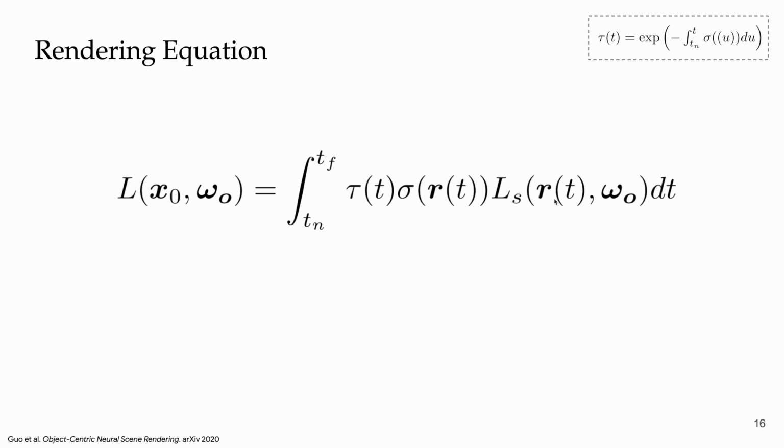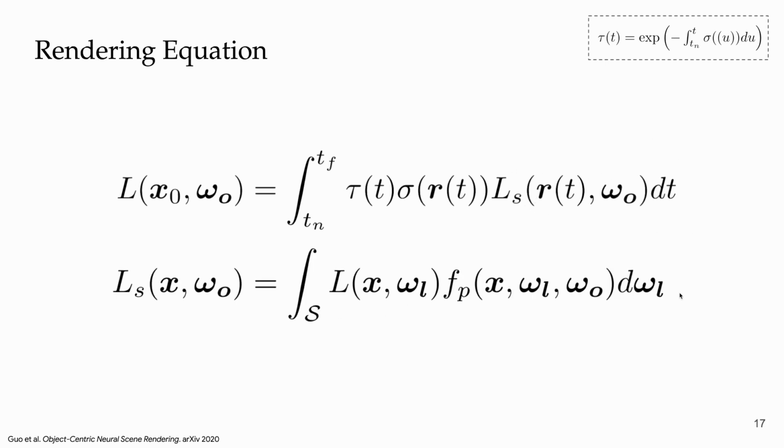How is this LS scattering function defined? It's defined by the following equation, where we take an integral over all incoming directions over a 2D sphere. For each incoming direction omega L, we compute the radiance at the point x in direction omega L, multiplied by the fraction of light scattered at x from omega L into omega O. You can see here that the radiance defined here is recursive.